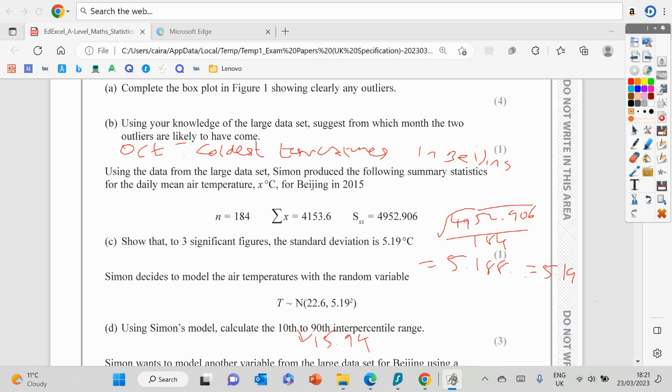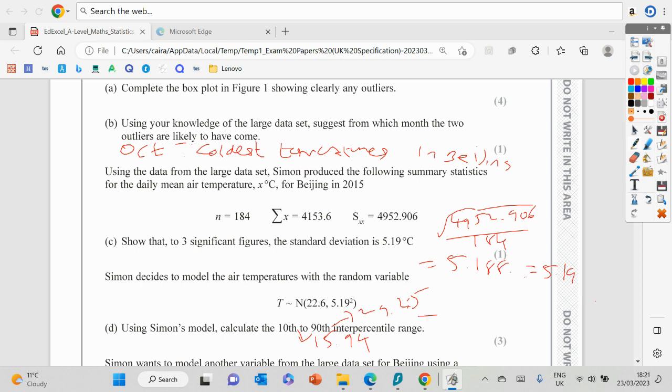The 90th percentile, we just need to do that as 0.9. Same old stuff. And we're getting 29.25, aren't we, for the 90th there? 29.25.